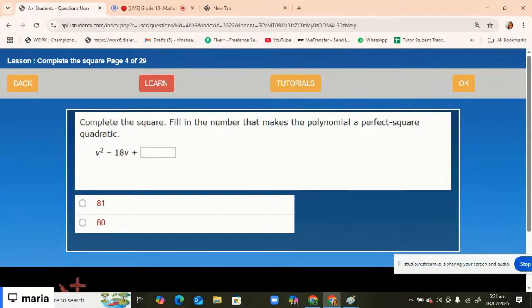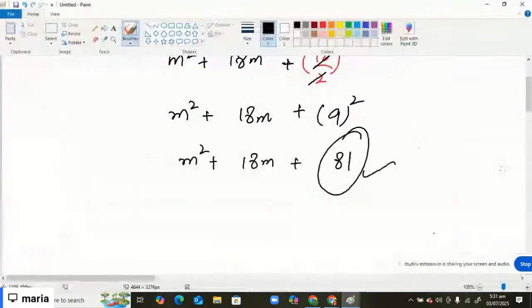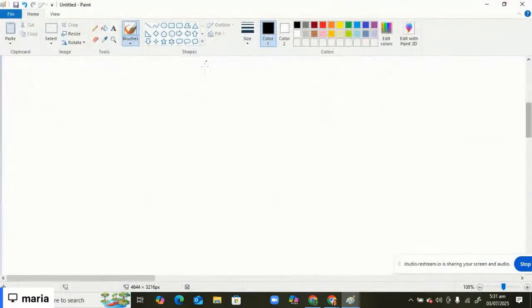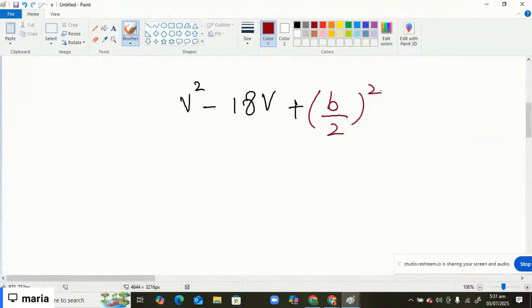So now the next, let's do it. v square minus 18v plus, here is the missing term, that is b by 2 whole square.